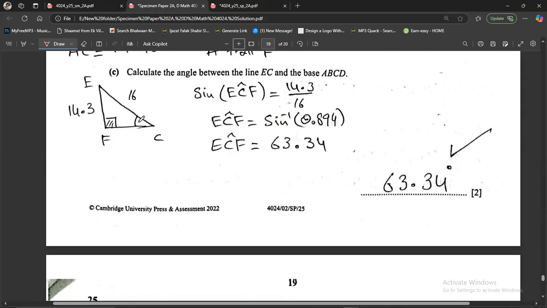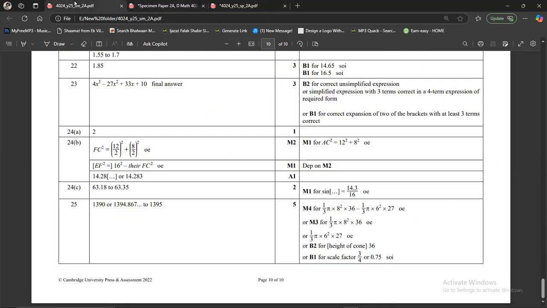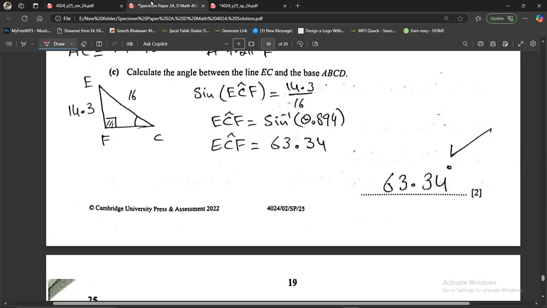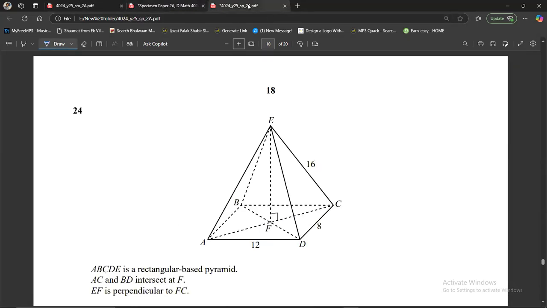They want me to find this angle, which this side makes with this plane. So the sine of the ECF is the perpendicular by the hypotenuse, 14.3 divided by 16. So the ECF angle will be sine inverse of 0.894, that is 63.34. So the angle is 63.34. Okay, so our answer is almost right.